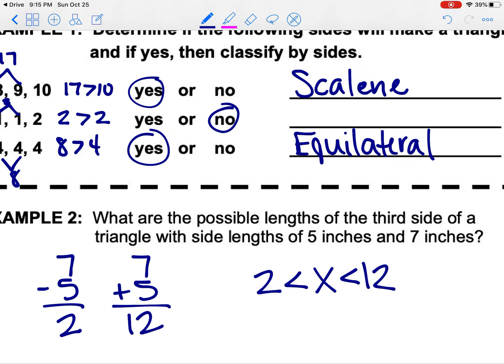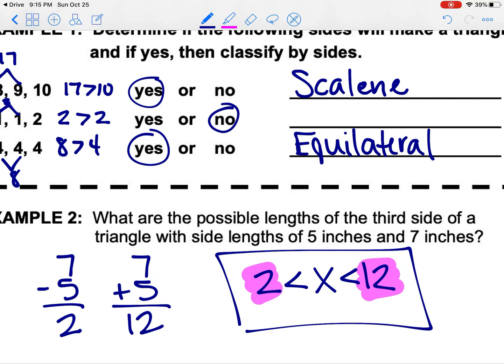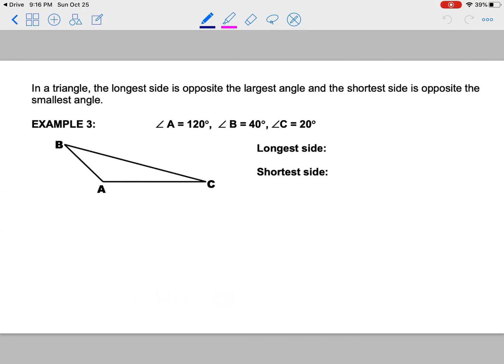And so your symbols will face the same direction every single time. You take your two numbers and subtract them, and that gives us our first value. Take them and add them, and that gives you your second value, and it will always be set up and look like this. Okay?